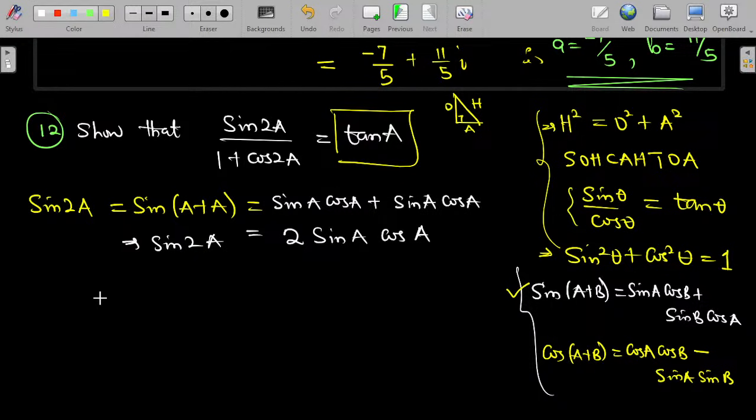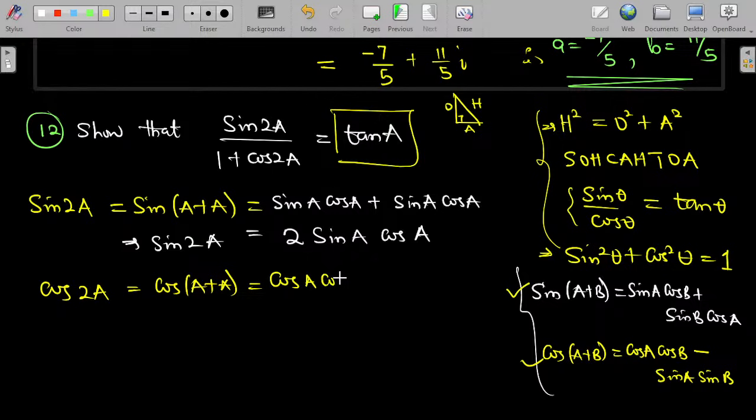Okay? And then there's something else they wrote in the denominator, and I want you to see how. And what is that? You have cos 2a there. So cos 2a is the same thing as cos of a plus a. And if you follow the other formula below, that's going to give you cos of a. Here your b is also a.